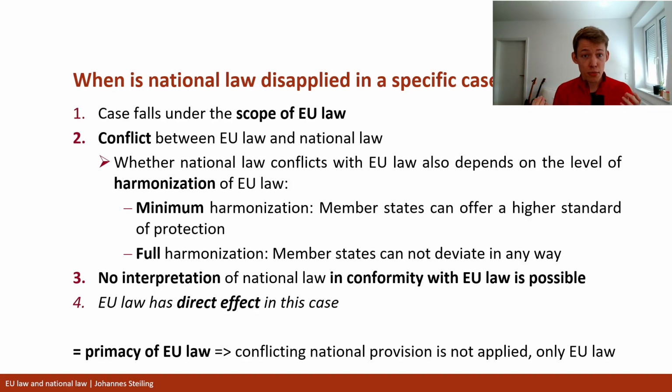So the member states decide in the treaties which competence they give the EU. And then if we talk about EU legal acts, which we'll see in a second, like regulations or directives, we have to remember that those EU legal acts are adopted by the parliament, which is directly elected by the citizens, and also by the council.